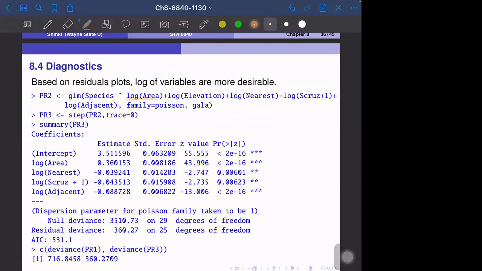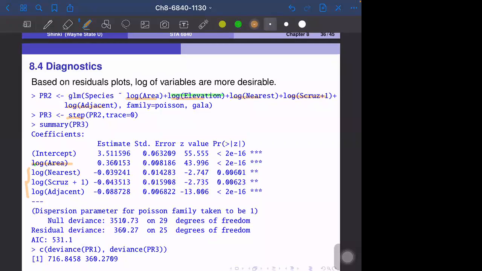We used the log of all these variables and did stepwise regression, and the final result is just dropping the elevation. In the previous figure it looks like elevation is the most or second most important variable, but actually, in addition to area, which has an obvious relationship with z, the other three variables are selected.